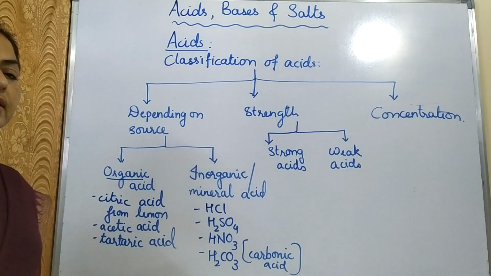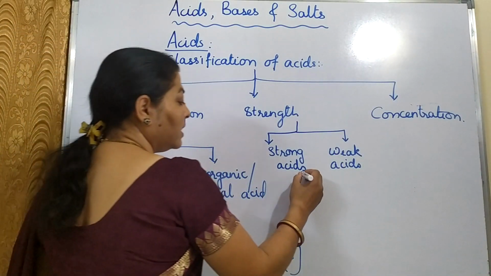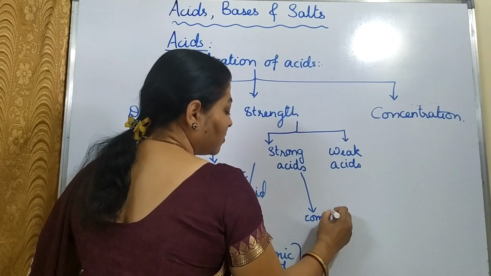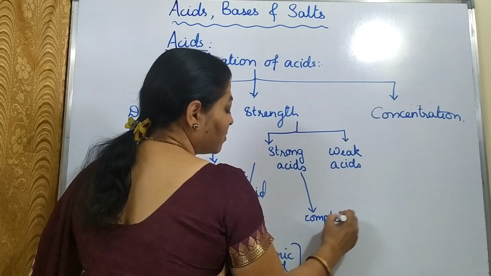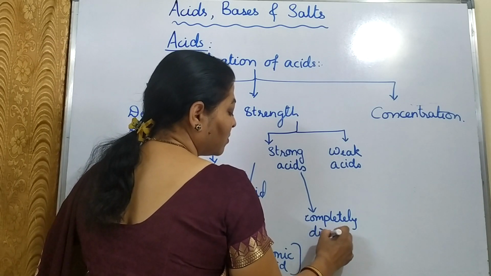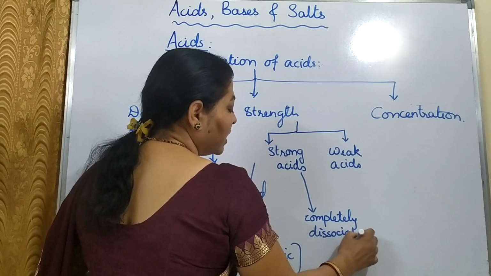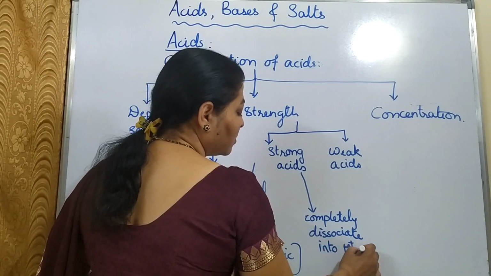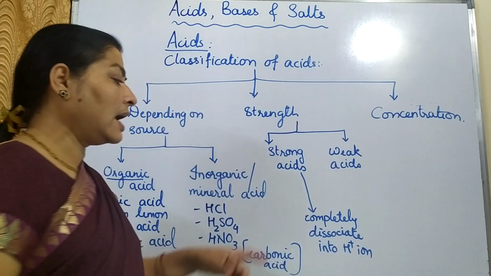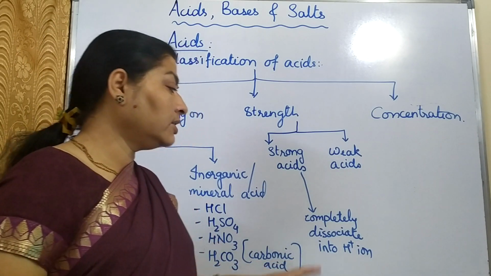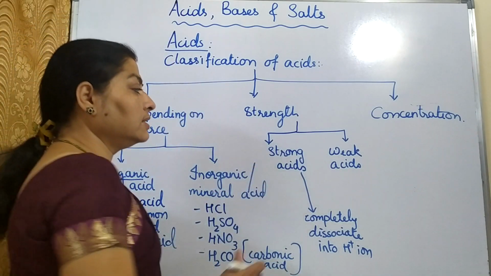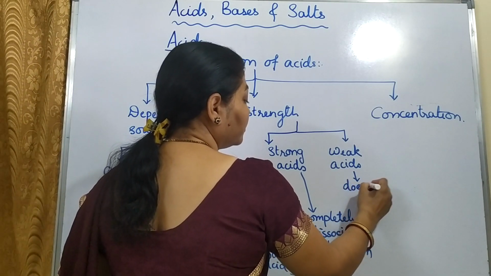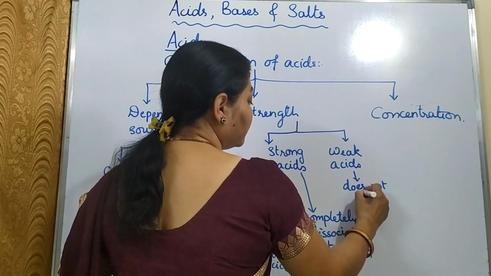Now strong acids are those which will completely dissociate into H plus ion. So those acids which completely dissociate into H plus ions are known as strong acids, and weak acid does not dissociate completely.